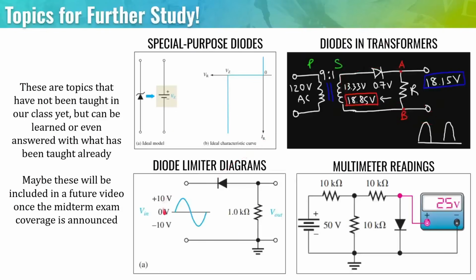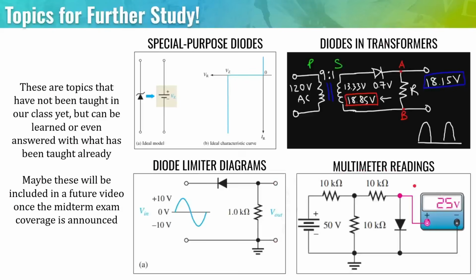We also have the diode limiter diagrams. So I think these are similar to clampers, if I'm not mistaken. And also, applying the voltage here, you can also apply what I taught you about the series and parallel to find what is going to be the voltage output here.